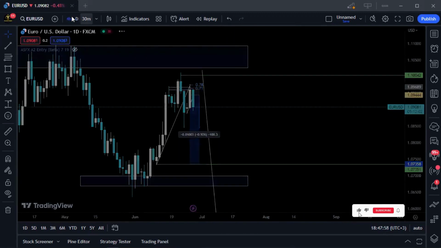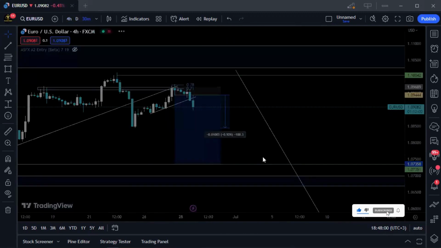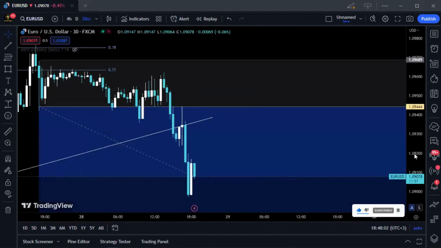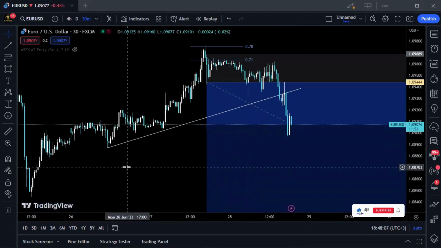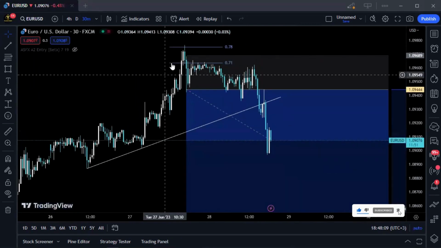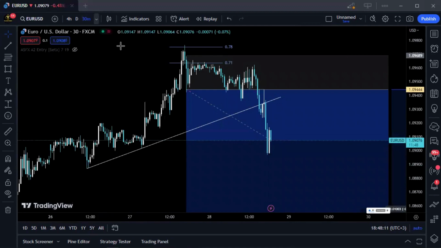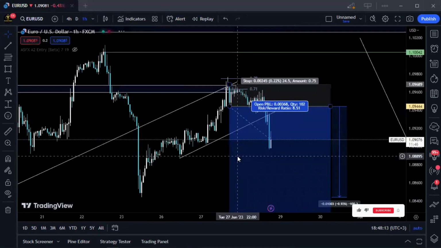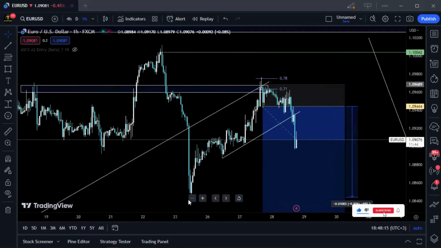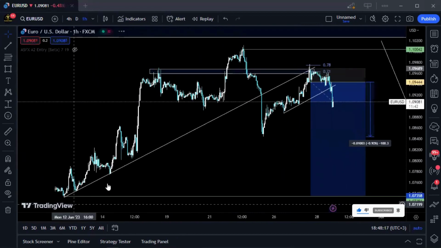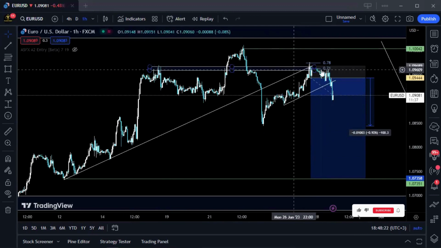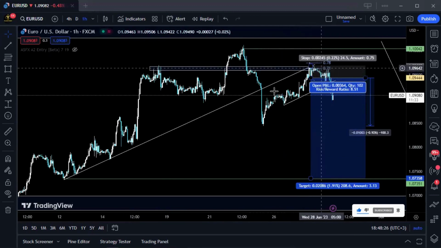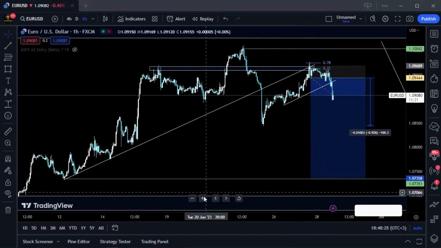We did manage to catch a sell in this trade, me and the team in the channel. We saw prices retest that high. It was on the 1 hour. You can see prices broke this ascending trend line, retested it, and confluenced with the resistance structure that also confluenced with the 0.71 Fibonacci key level.